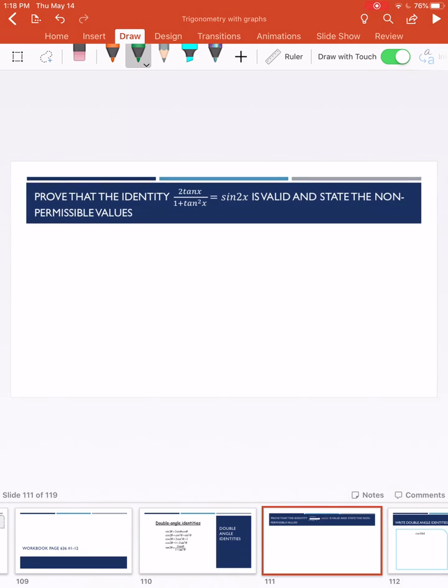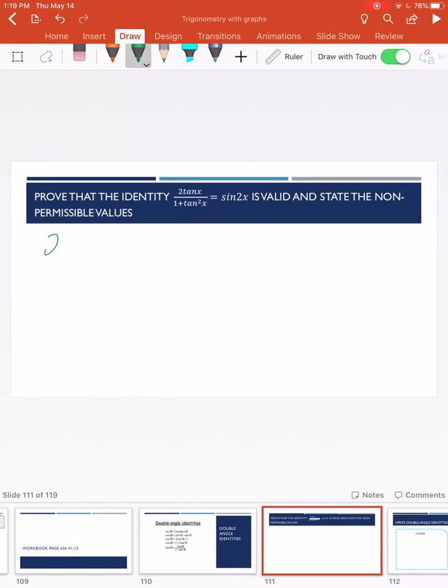So we're going to start off with a proof. Prove that the identity 2 tan x over 1 plus tan squared x equals sine 2x. A strategy I use a lot with identities is I'll use the quotient identity several times and also Pythagorean.